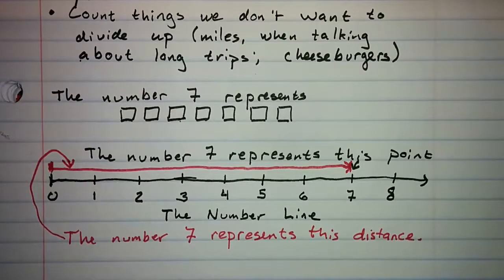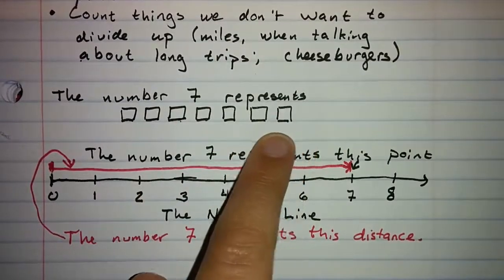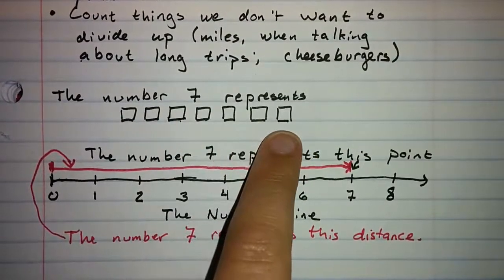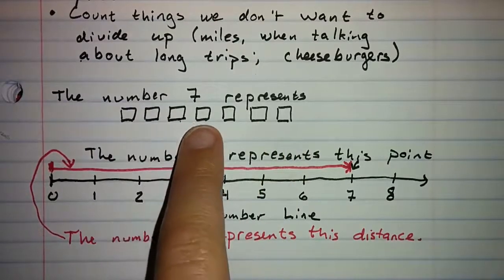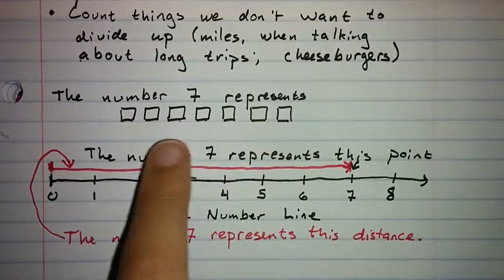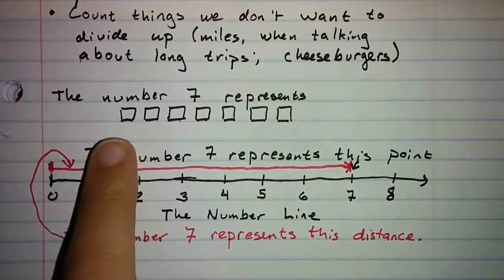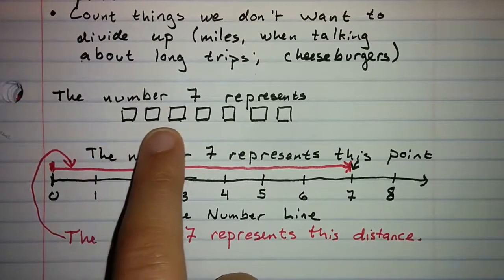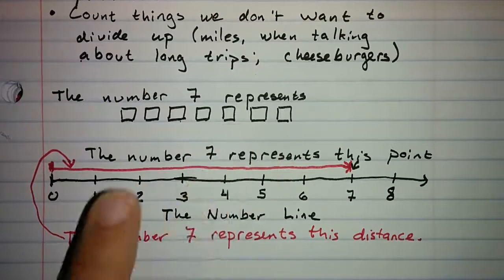One of the things that I'd like to call attention to about each of these representations is when the number 7 represents 7 things, it doesn't matter particularly what the things are, but they should all be the same thing. If we say we have 7 people, all 7 things should be people. If we say we have 7 boxes, all 7 things should be boxes.